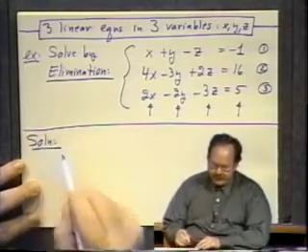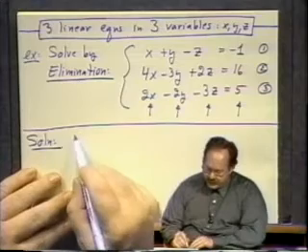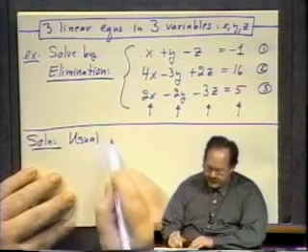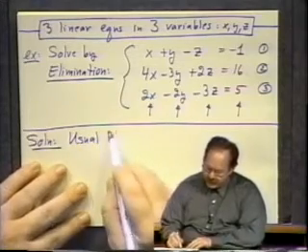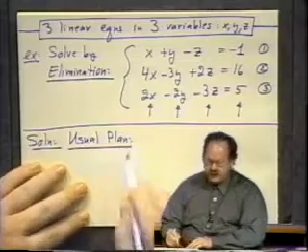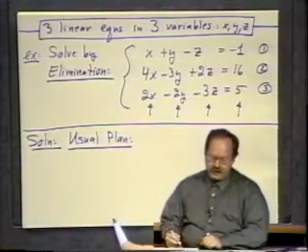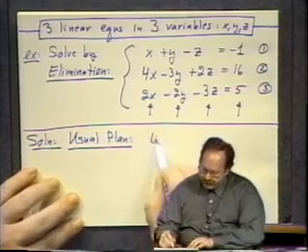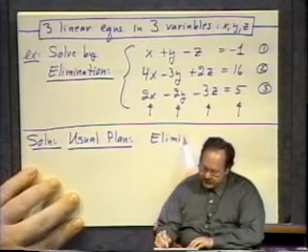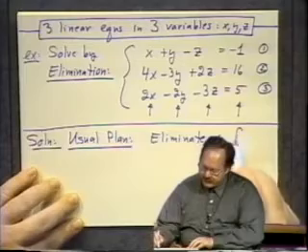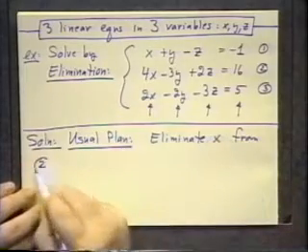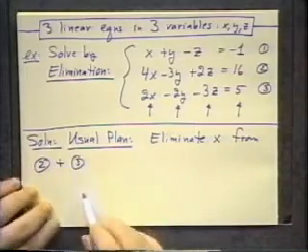Okay, solution. Since we haven't done one of these with 3, here is the usual plan that you want to use in attacking these sorts of problems. First try and eliminate x from 2 and 3.